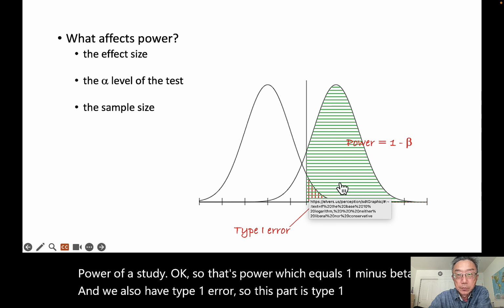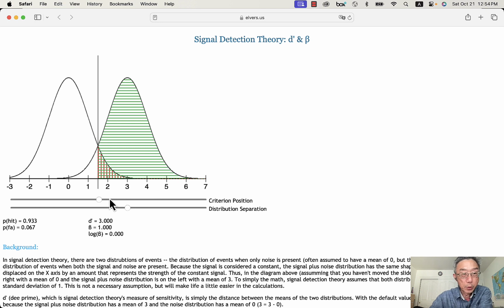Now, what happens if we want to use a more restrictive, more stringent test? So we reduce the probability of making a type 1 error. And you notice that as the area that represents the type 1 error decreases, this part, which is power of the study, also decreases. That's just another way of saying this part is getting bigger.